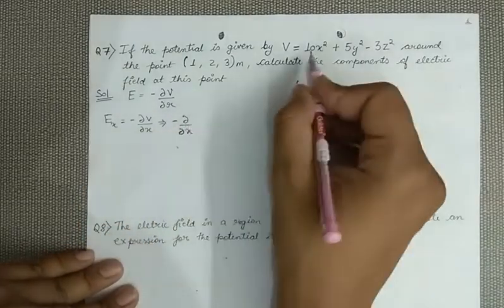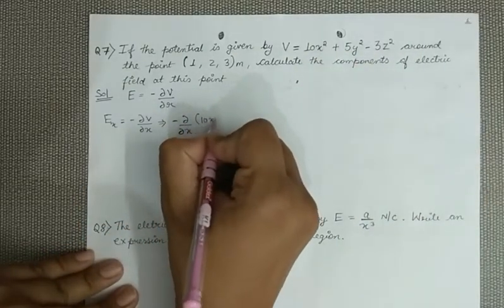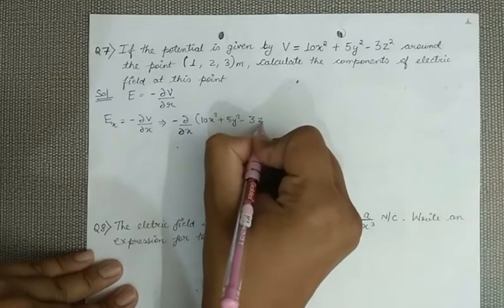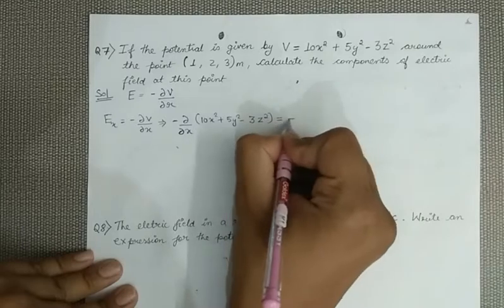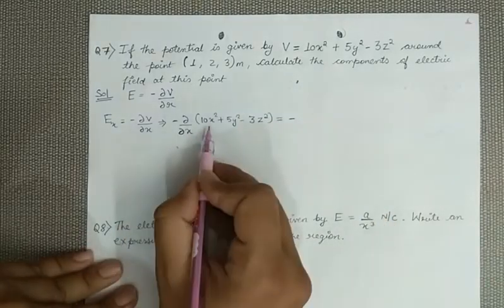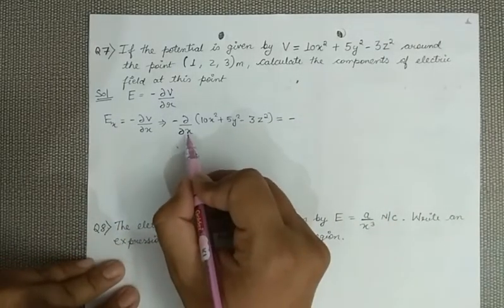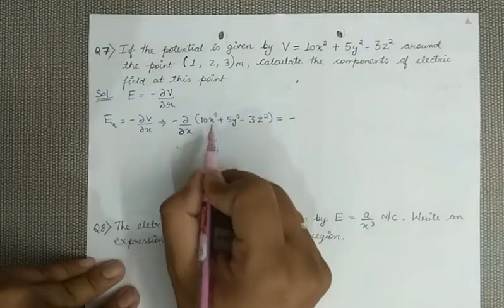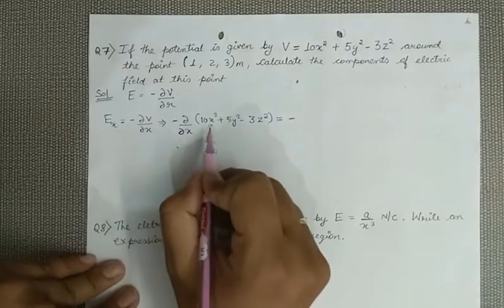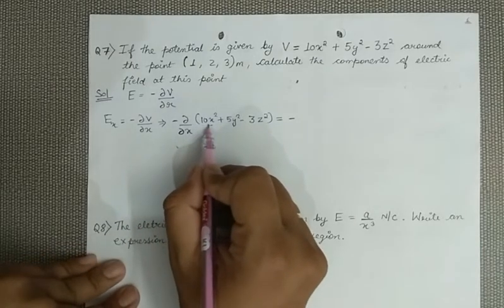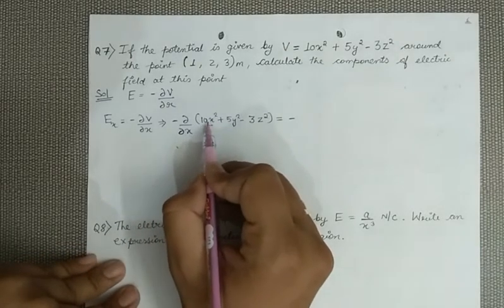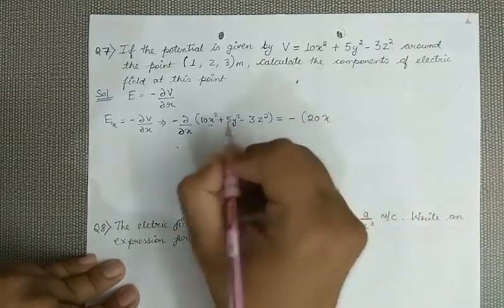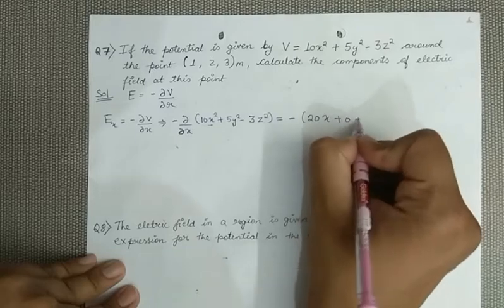So just keep the equation of this potential, that is 10x square plus 5y square minus 3 times z square. On differentiating it with respect to x, y and z will remain constant. I have to only differentiate those quantities which contain x. So on differentiating 10x square, using the formula, it will be minus 20 times x, and all the y and z terms will become 0 and 0.